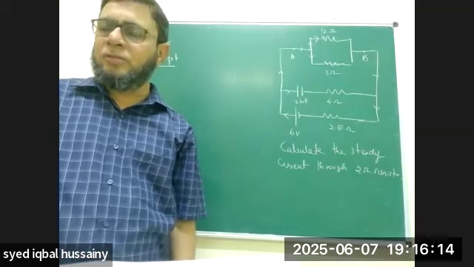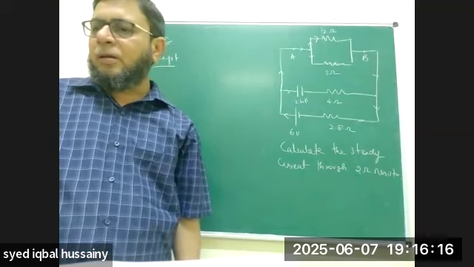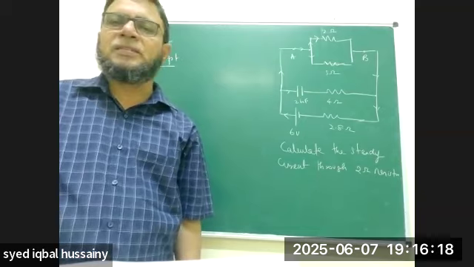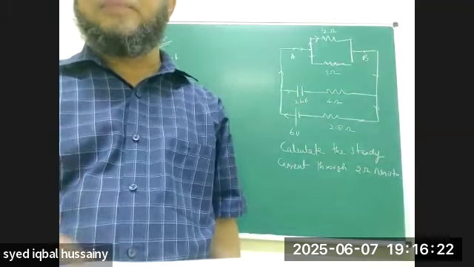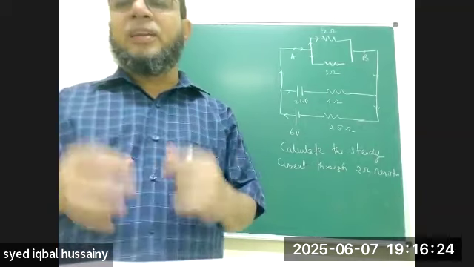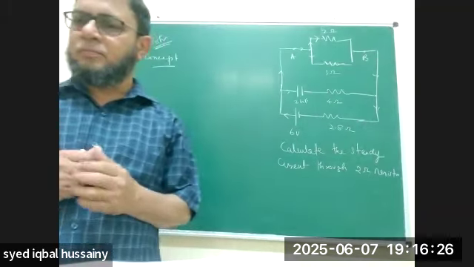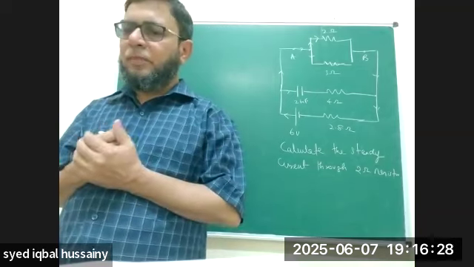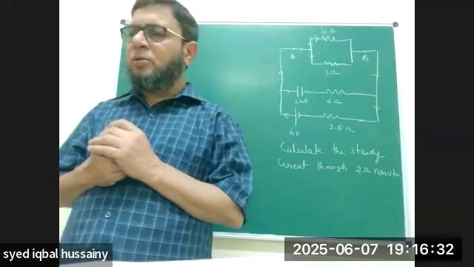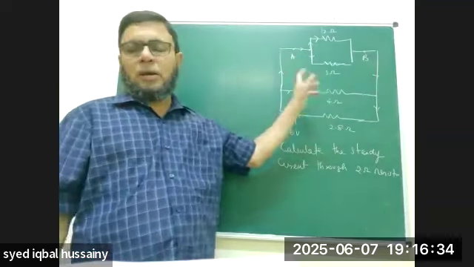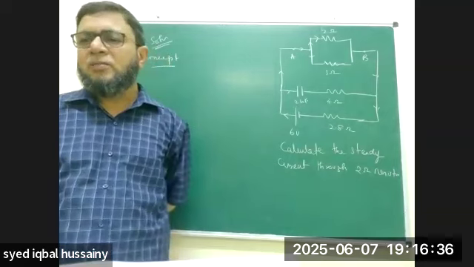No current flows through the 4 ohm resistor, as the capacitor offers infinite resistance. Done?